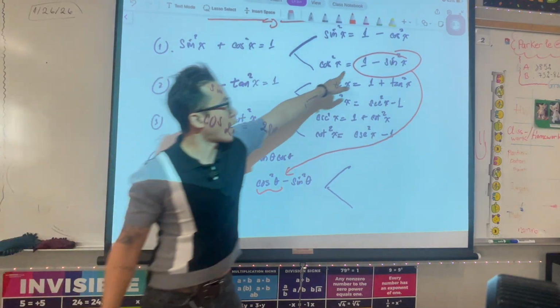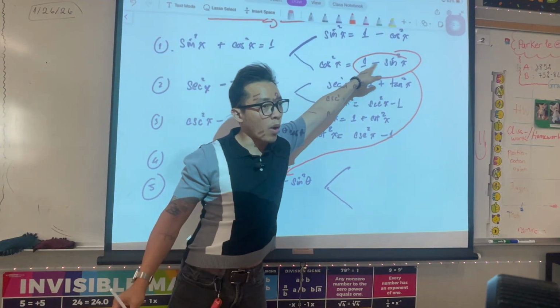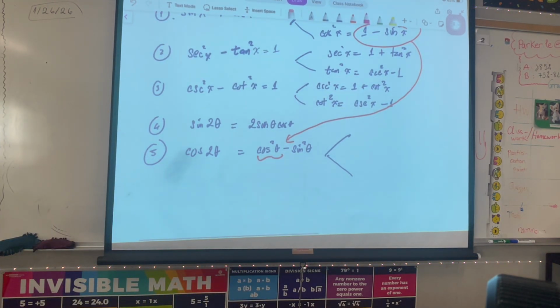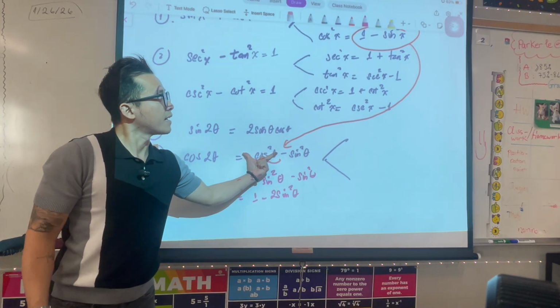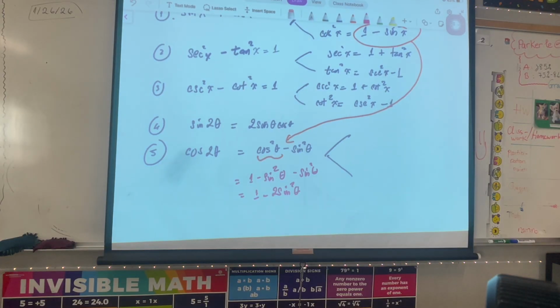Cosine square is 1 minus sine square. I replace the cosine square by 1 minus sine square. Let's see what happened. You're going to have 1 minus sine square minus sine square. So what is this? 1 minus 2 sine square. So basically you need to memorize this, and from there you can get the second one. You don't need to memorize a lot. So that means you have 1 minus 2 sine square.